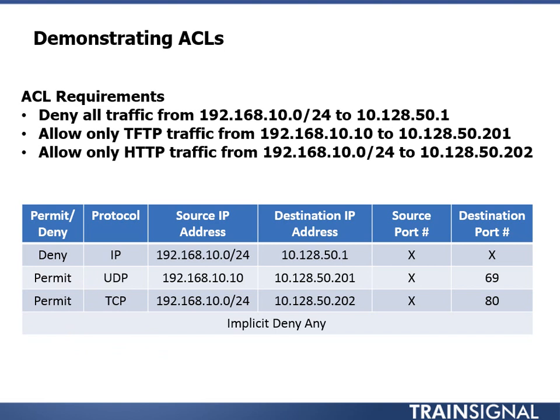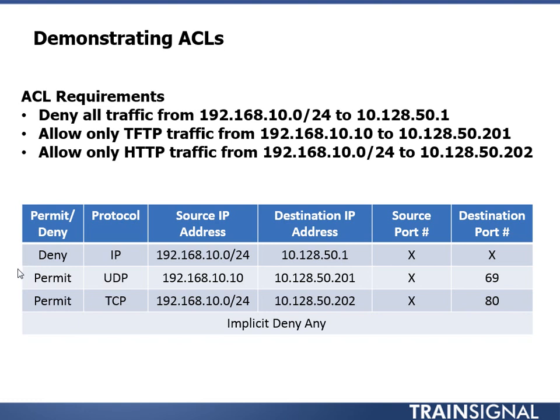For example, if I wanted to make sure that 192.168.10.10 cannot access the web server at 10.128.50.202, and after the line permit TCP 192.168.10.0, I added another line that says deny TCP 192.168.10.10 to the destination of my web server on port 80, that rule would never get hit.